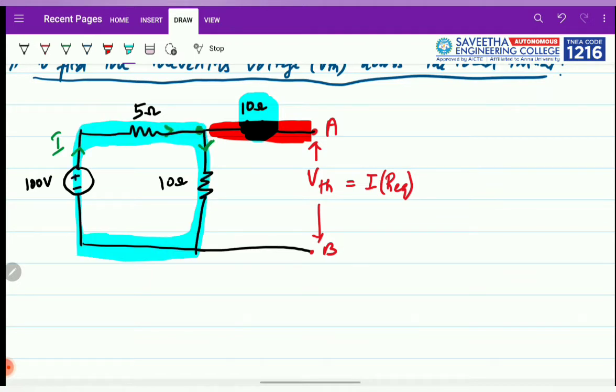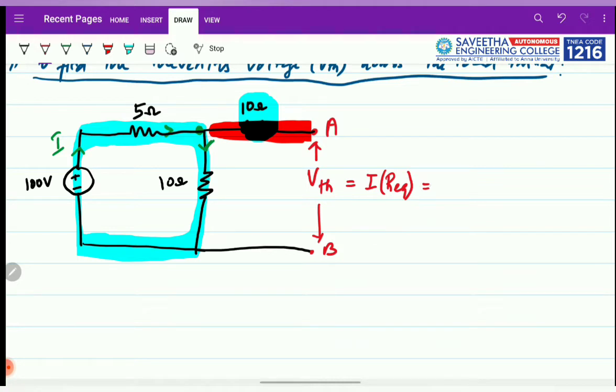So we have only the 5 ohm and 10 ohm resistances where the current can flow. These two resistances, leaving out the others on the right hand side, are in series.